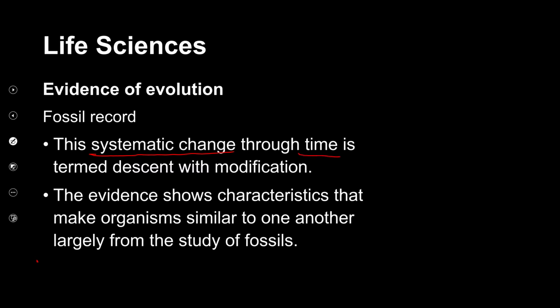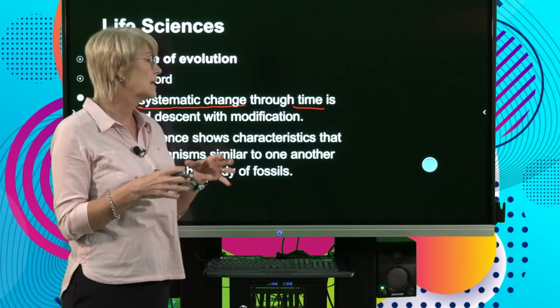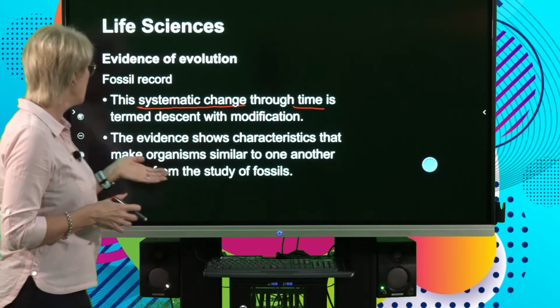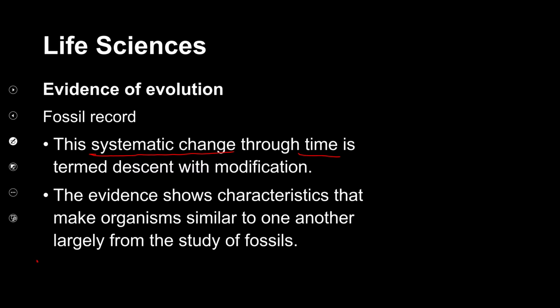It can take up to 10,000 years before something starts to become fossilized. And so it's a systematic change that has taken place through time and is termed descent, which we said is when you descend from something else with modification.